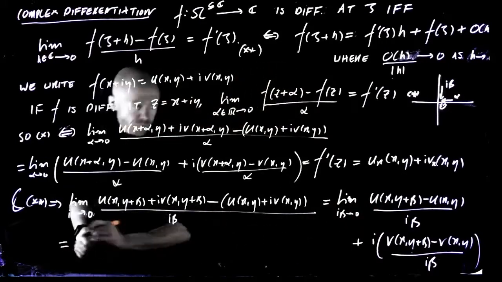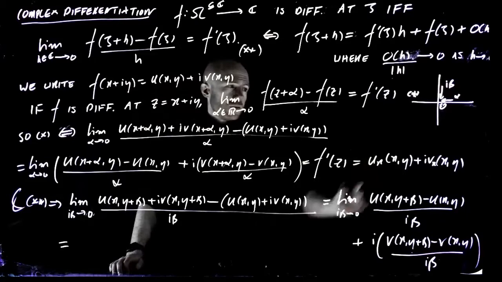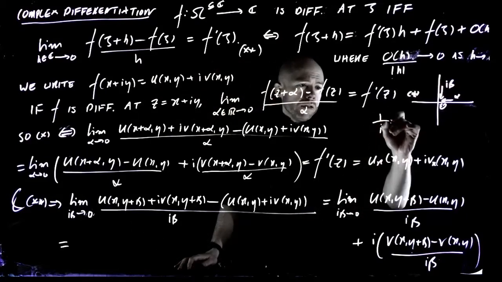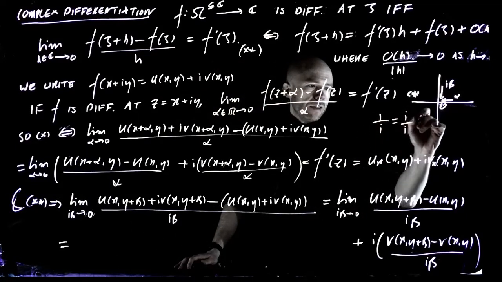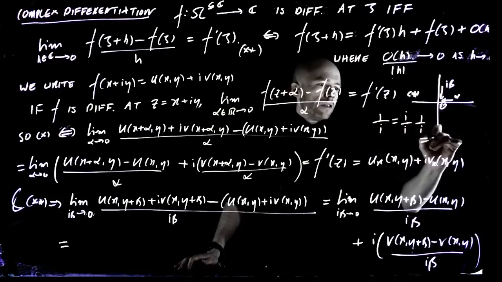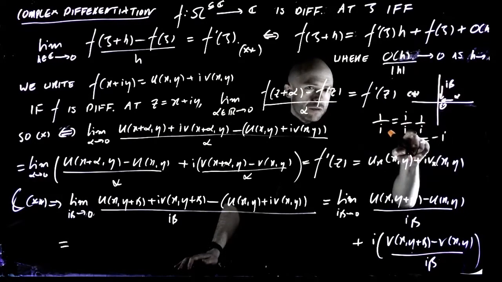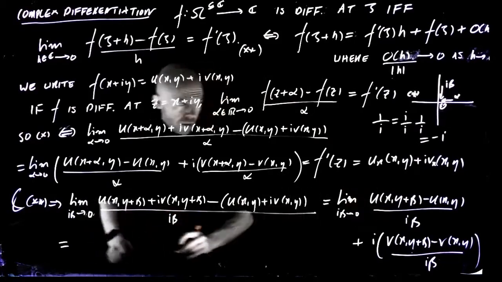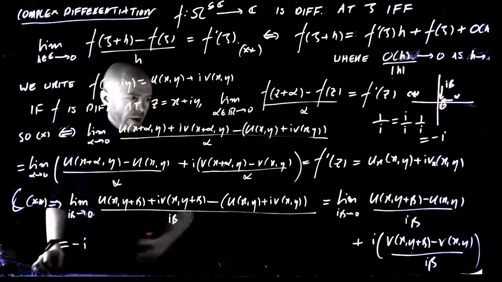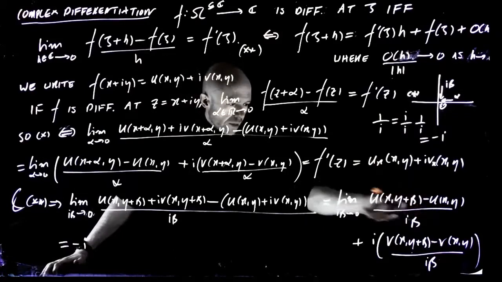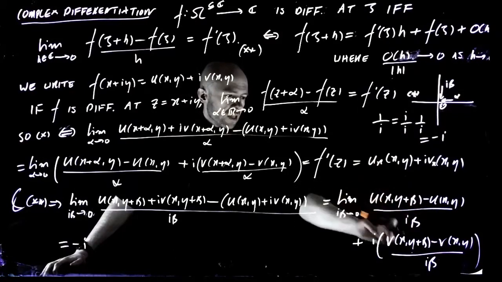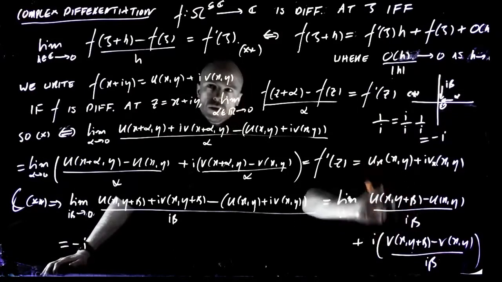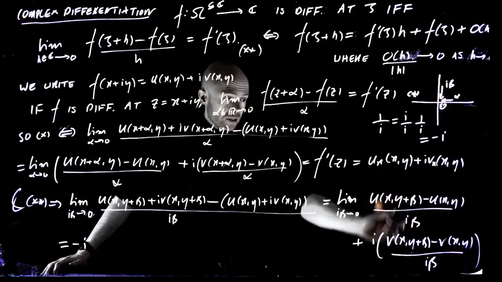Note that 1 over i is the same as i over i times 1 over i, which is just minus i, right? Because i times i is minus 1. So this thing over here will now become minus i, and again we can break up this limit of the sum into the sum of the limits, because both of these limits have to exist.